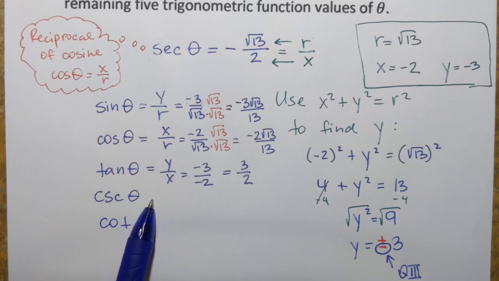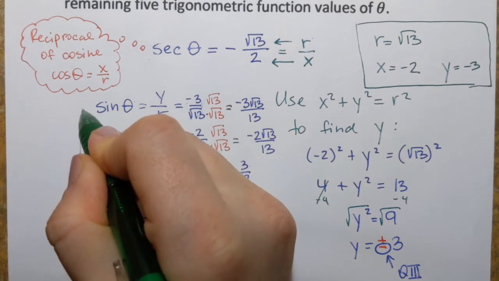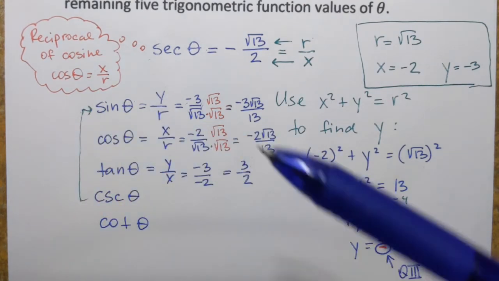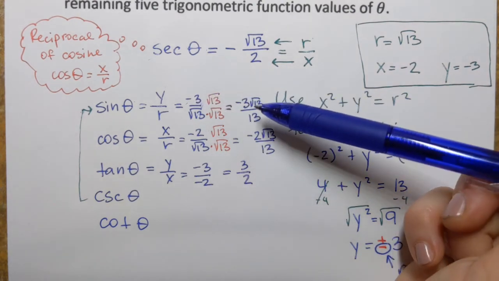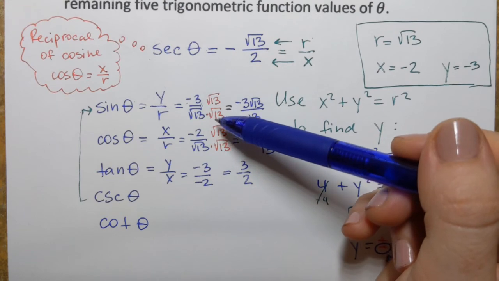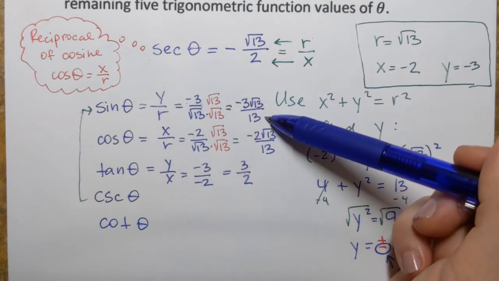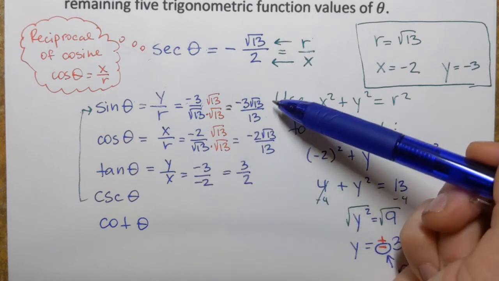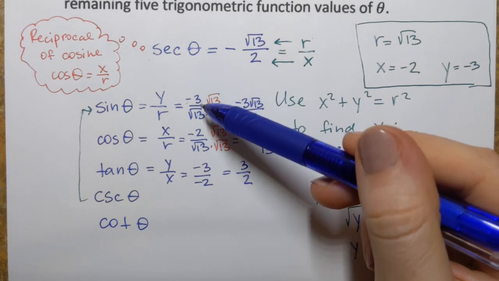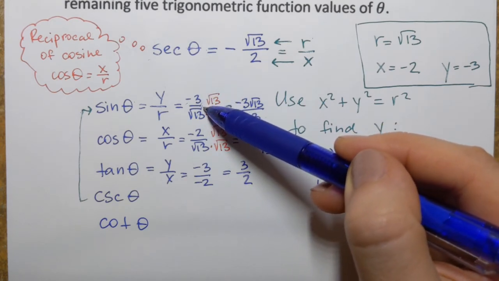Next one is cosecant. Now cosecant is the reciprocal of sine. And the quickest way to obtain cosecant is to take the result for sine and just flip it. And here's a tip. If you happen to have to rationalize the denominator for sine, don't use the final answer because, once you flip it, you will have to rationalize it again. Go a little bit back to the fraction that was not rationalized and use that to obtain cosecant, right?